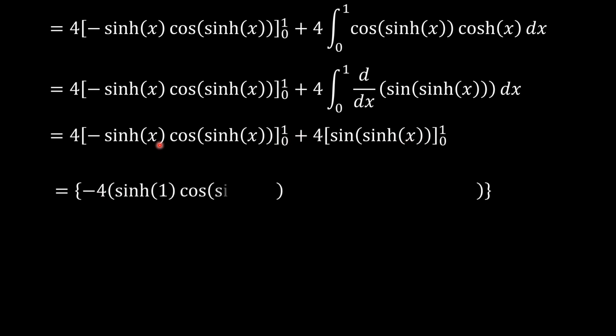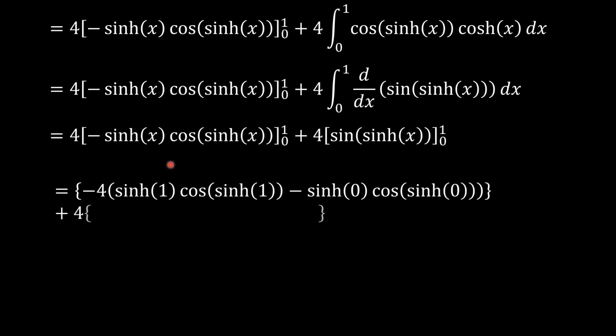So we have 1 substituted to whatever we've gotten here, minus 0 substituted, and very important to see that hyperbolic sine of x is e to the power x minus e to the power negative x over 2. So when x equals 0, hyperbolic sine of x becomes 0. So this part goes to 0. Similarly here, this part goes to 0 on the lower side, and sine of 0 is 0.